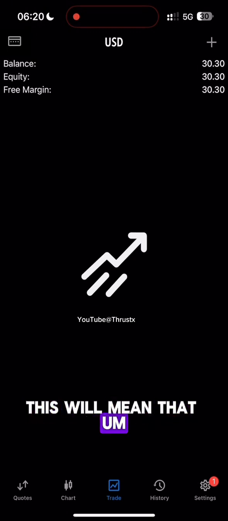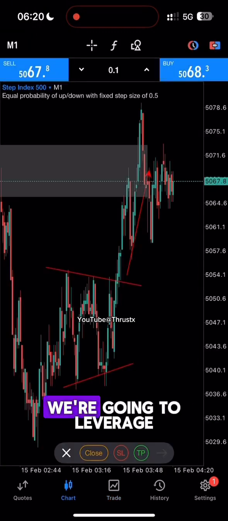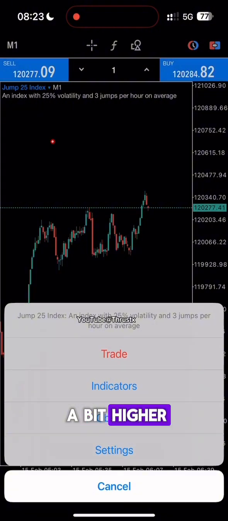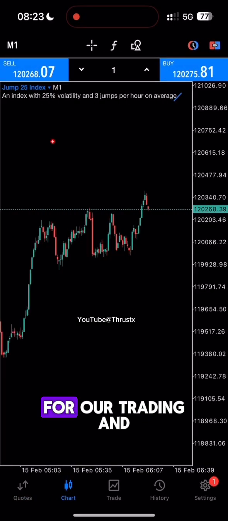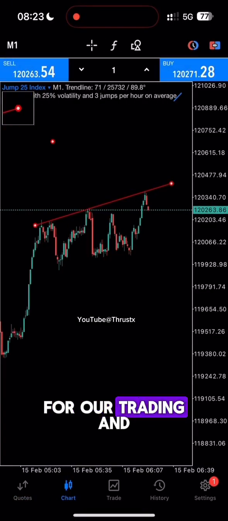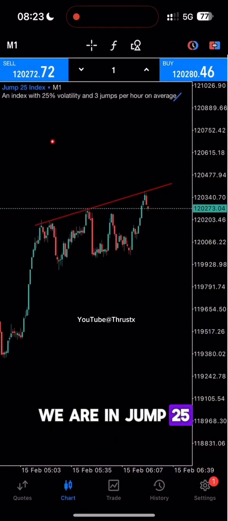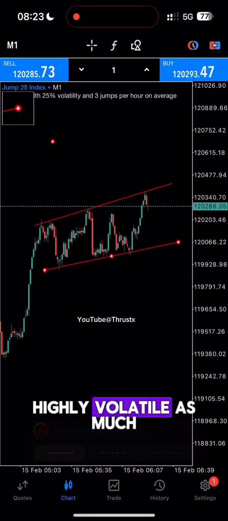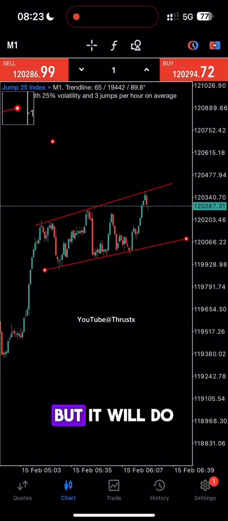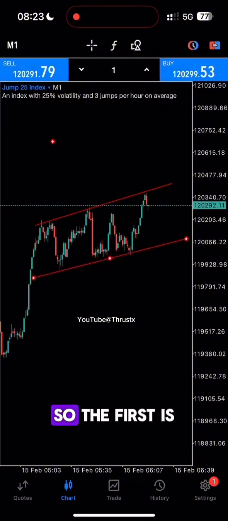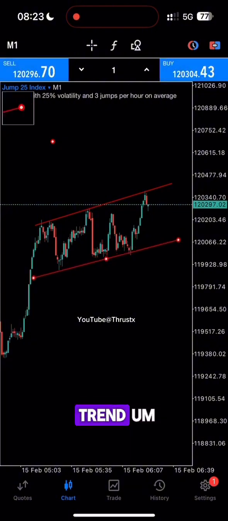This will mean that on the next trade, we're going to leverage a bit higher. So that is good for our trading. And on this part, we are in Jump 25. Jump 25 is not as highly volatile as Step, but it will do. So the first step is to identify your current trend.